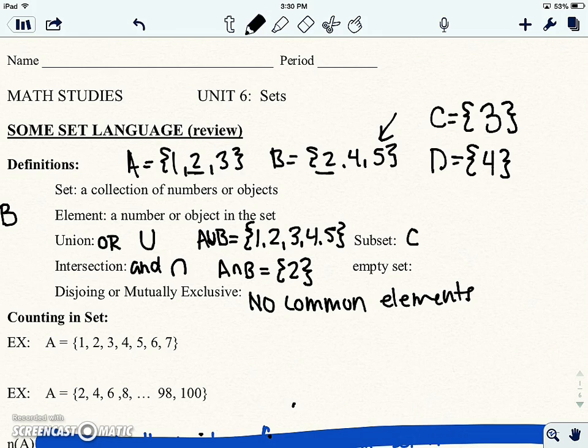And set C is a subset of set A, because the number 3 fits all the way inside set A. And then the empty set would be just a set with nothing in it, and we list it like this or like this. And we talked about all of this in the beginning of the year.